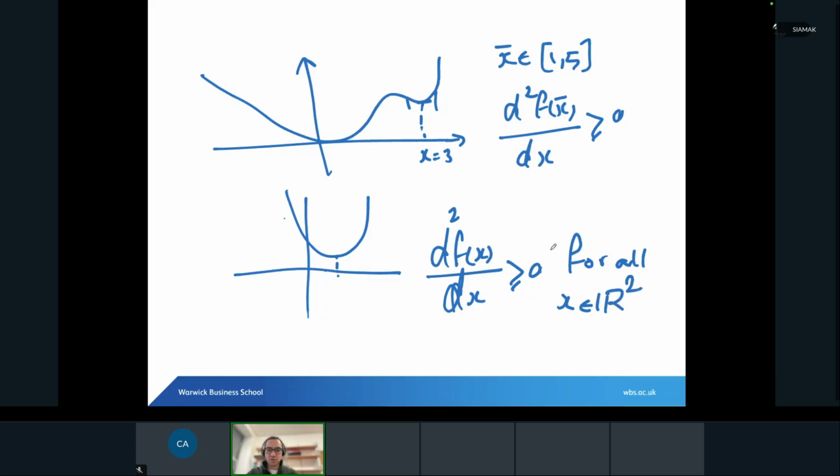This two-dimensional space, all R's. Okay? So you see the differences. This one is a local minimum, but this one is a global minimum. I know this one because this is a convex function. How do I know this is a convex function? Because the second derivative for all different values of x within the domain of the decision variable is non-negative.